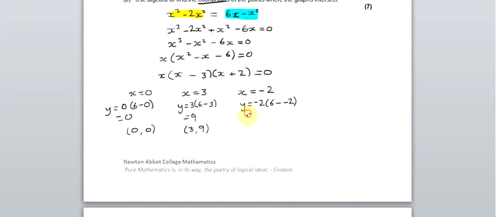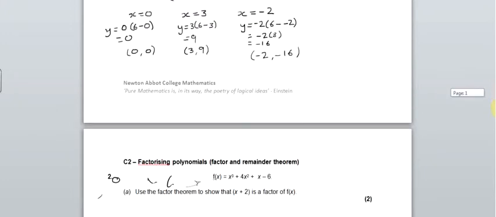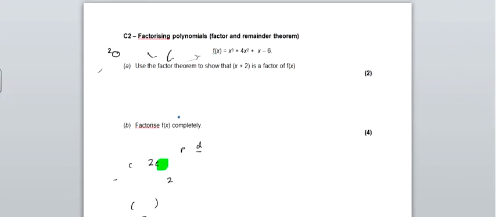So that gives us minus 2, and that's times 8, so that's minus 16. So we've got minus 2, comma, minus 16. And now we're going to go on to call 2.